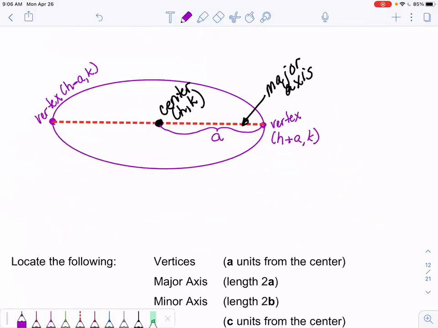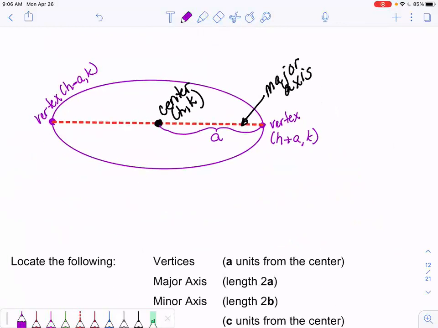You can see underneath, it says the vertices are a units from the center. So the vertices would be that distance adding or subtracting, depending on if I'm moving left or right from the center. That tells me how wide my graph is.